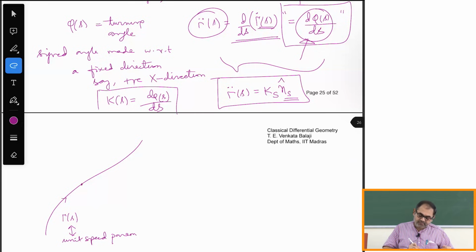So I take this point, suppose this is my point gamma s, for some value of s. Then at this point I will get this gamma dot s. This is the unit vector, right?